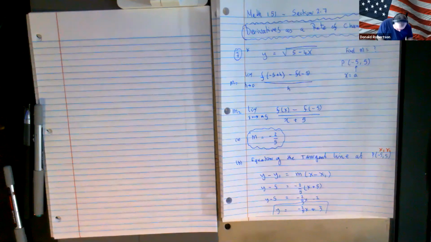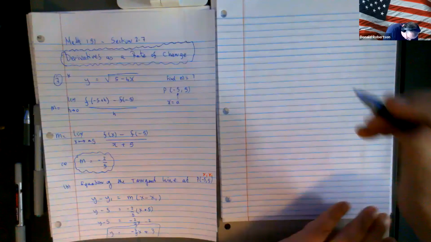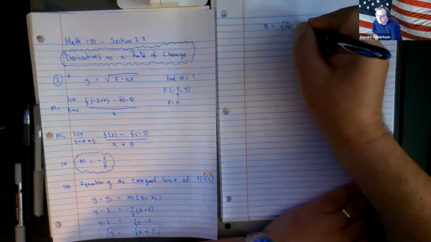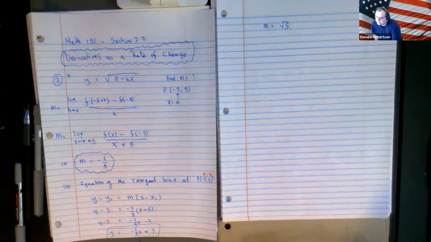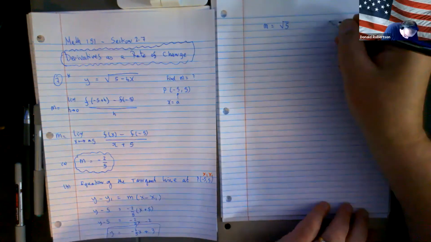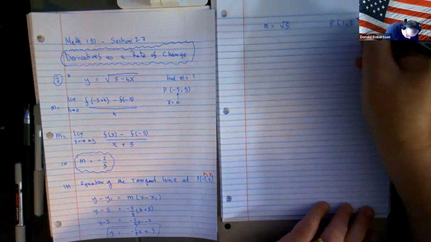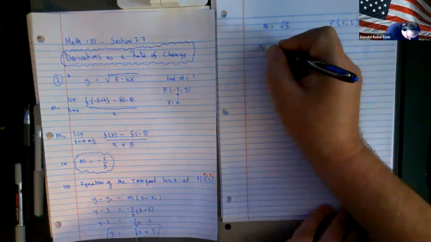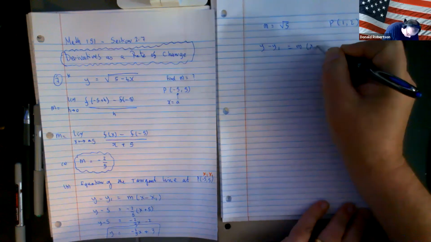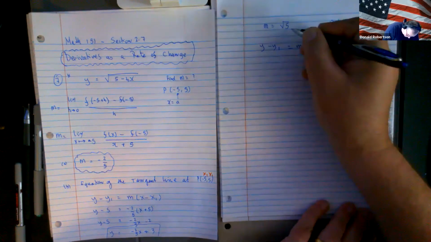Now, little algebraic issues. Can you imagine that I got the slope of a tangent line and it ends up being square root of 5? Could happen. And let's just pretend that it was at the point 1, 2, right? When I do the slope of the tangent line formula, you might think to yourself, well, what do I do about that?